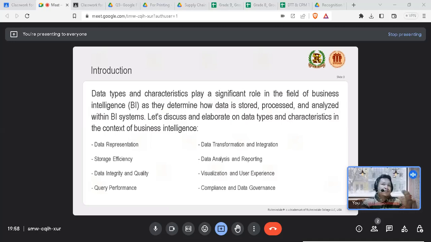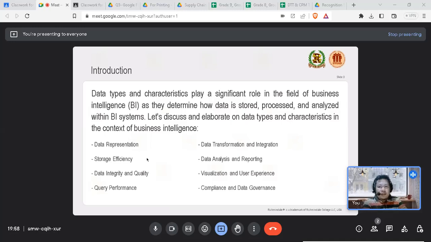Choosing an appropriate data type can minimize storage requirements while ensuring data accuracy. For example, using integer data types instead of floating point numbers, when precision is not necessary, can significantly reduce storage space.